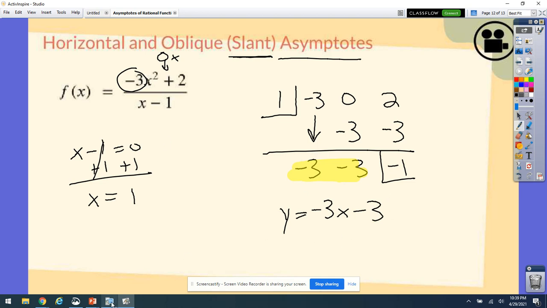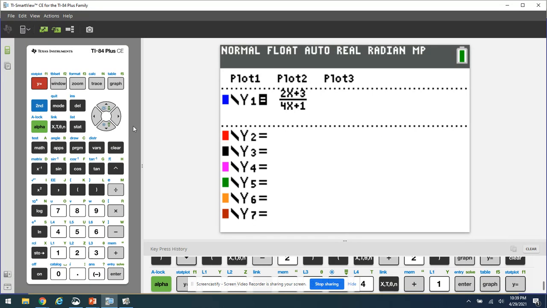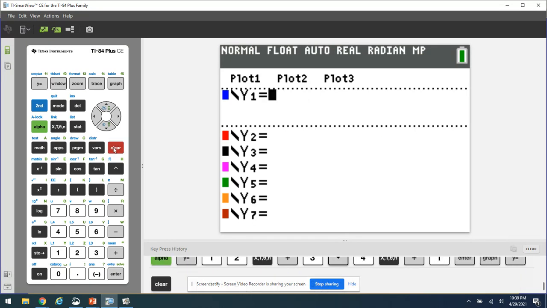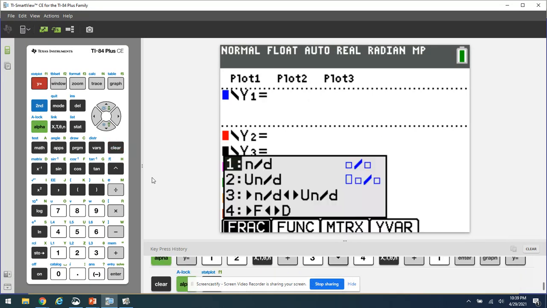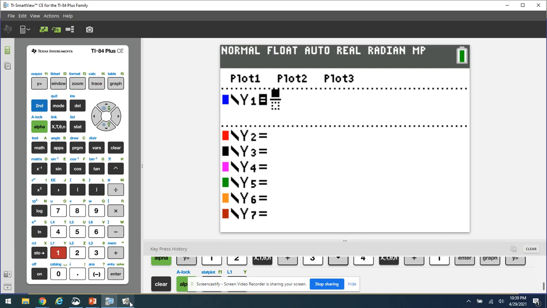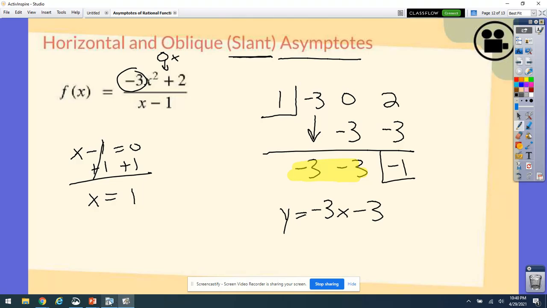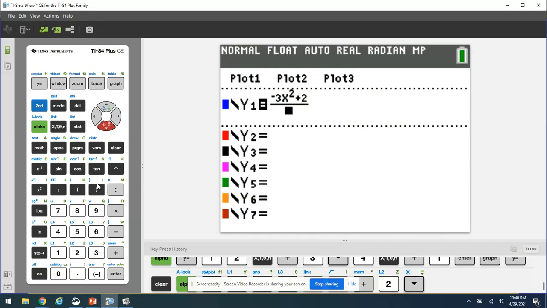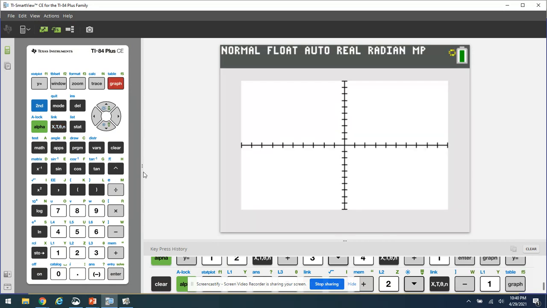So in other words, if I take a look at my graph, let me clear that to make it easier. It is -3x squared plus 2, and then x minus 1 in my denominator, and then graph.